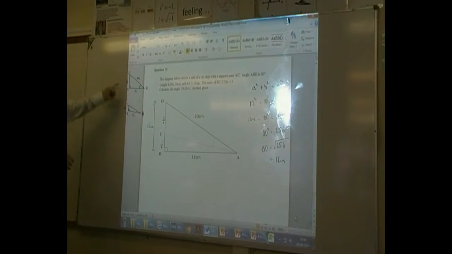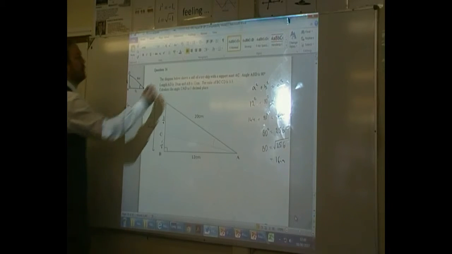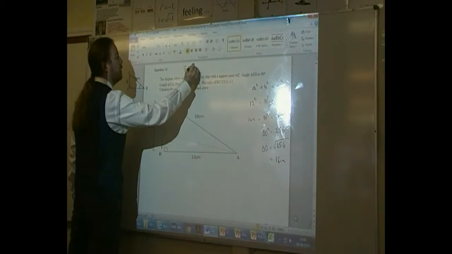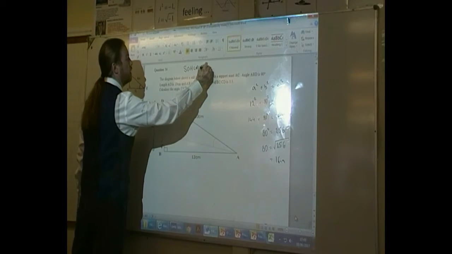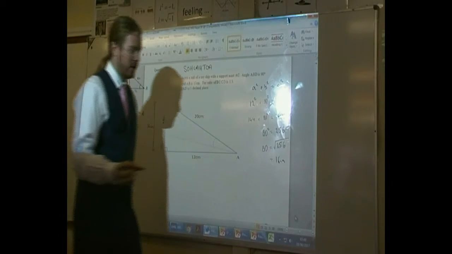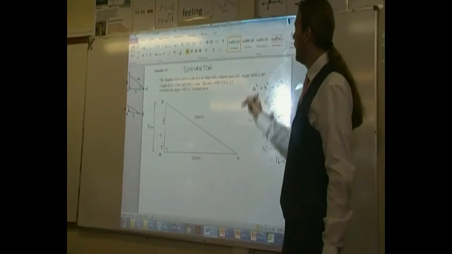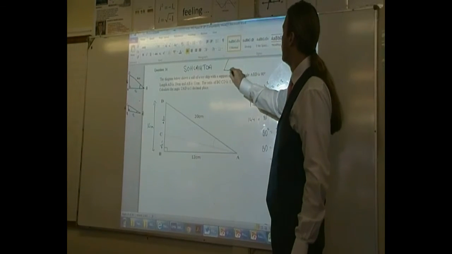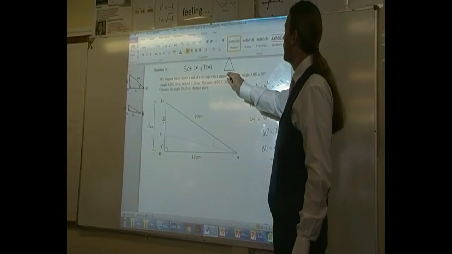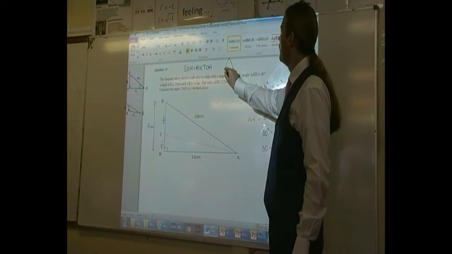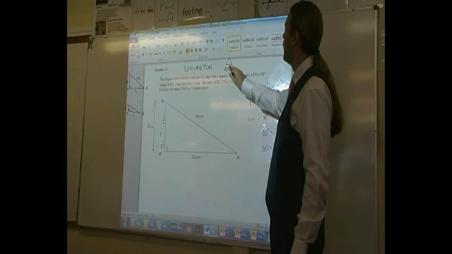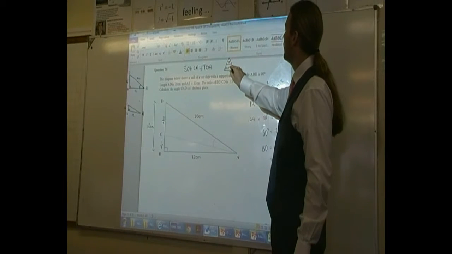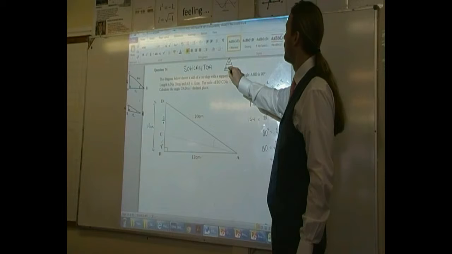Now that I know two of the sides on each of them, I can use that to work out an angle. And I can do that using trigonometry. So you will remember SOHCAHTOA. And we tend to present that using little triangles. So you've got the sine of the angle equals the opposite over the hypotenuse.